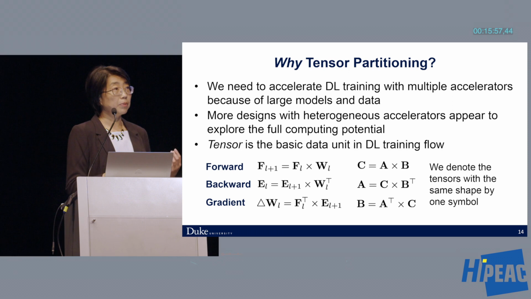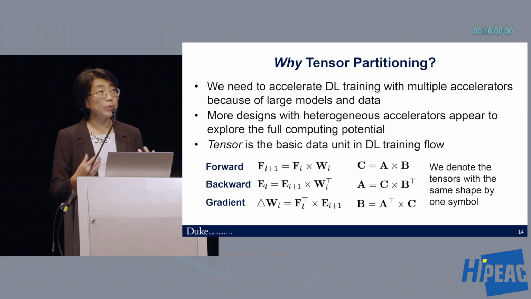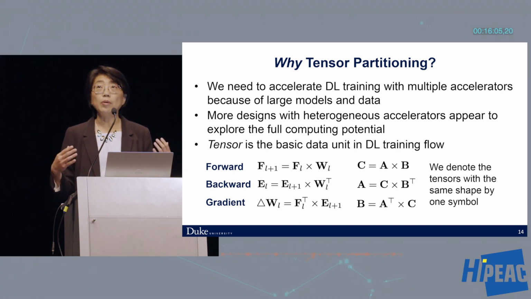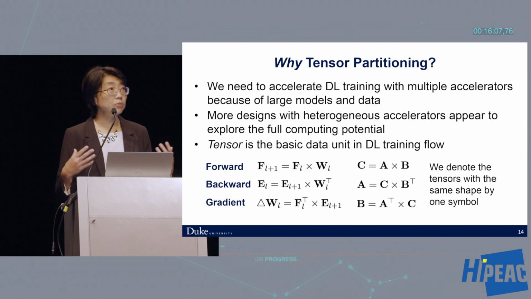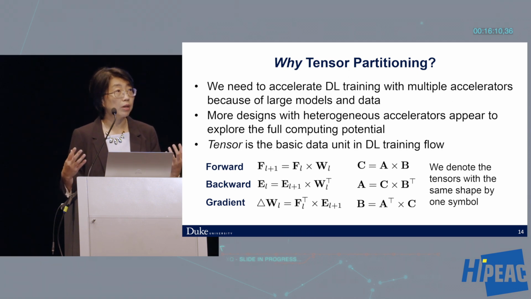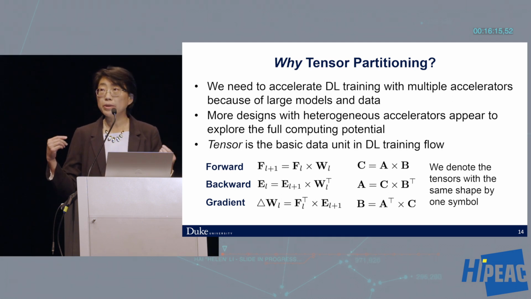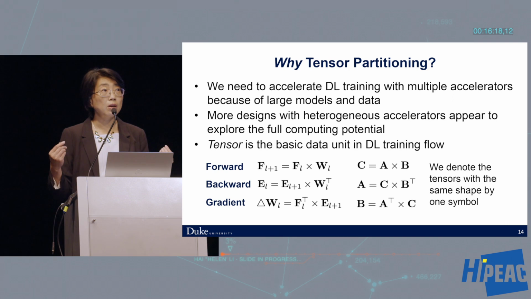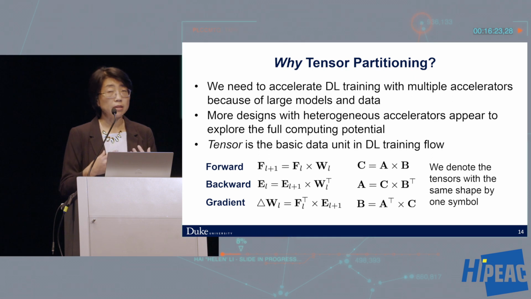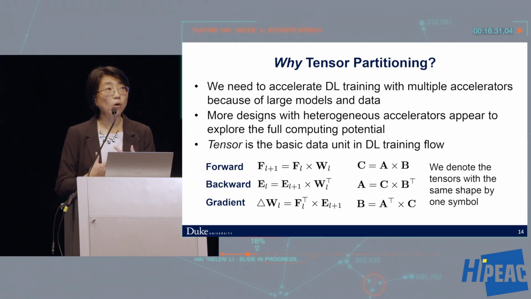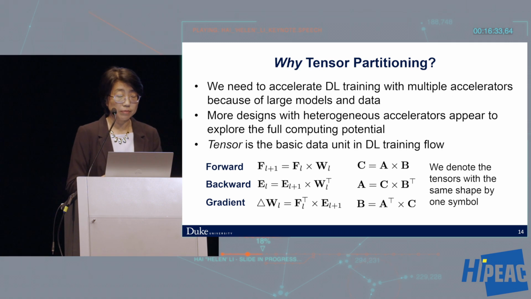My second example is about our work called HiPEAC. The assumption here is that many companies and research groups are now developing hardware with many accelerators. So the question is, when we execute DNN models on a group of accelerators, what is the best configuration? Is there anything we can do for the given software and hardware, whether certain configurations can help improve the performance or efficiency?